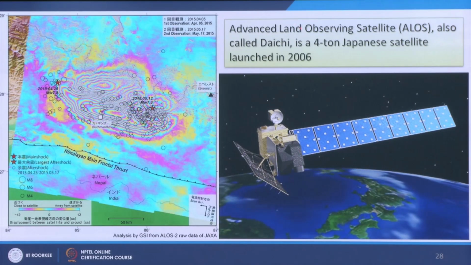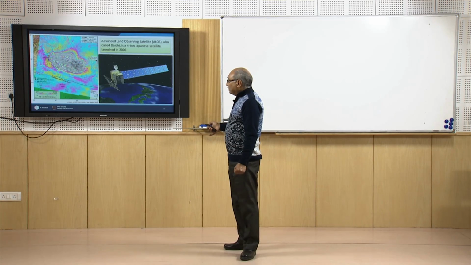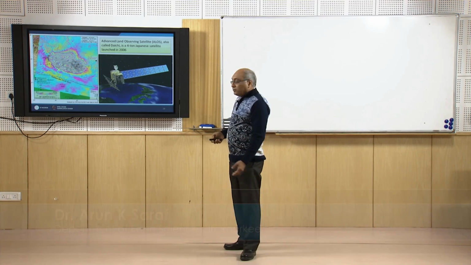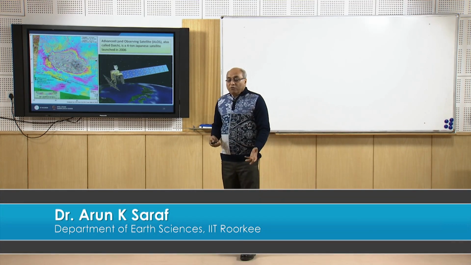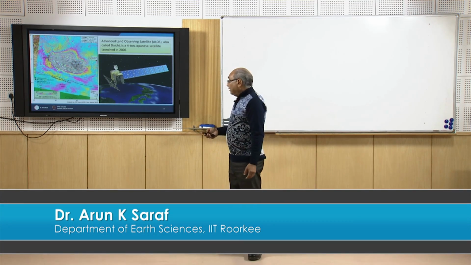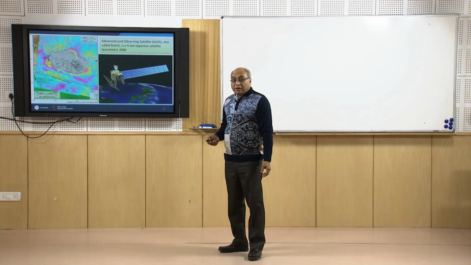This example is from another radar remote sensing satellite of Japan, ALOS, whose sensor was PALSAR. In this ground deformation map, the different colored fringes you are seeing allowed the ground deformation induced by those 2 earthquakes of Nepal in 2015 to be estimated very easily and very accurately in case of such a natural disaster.